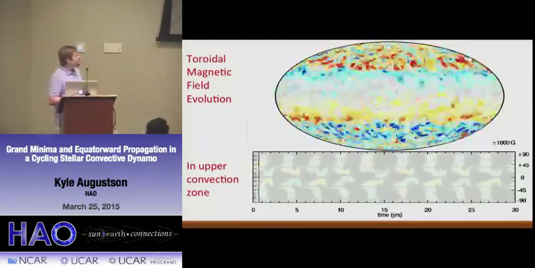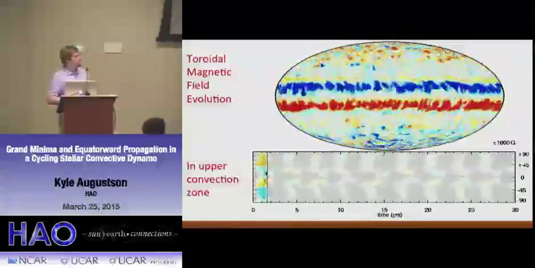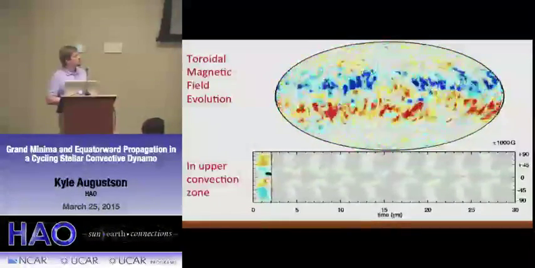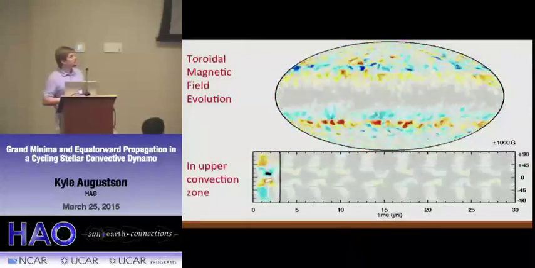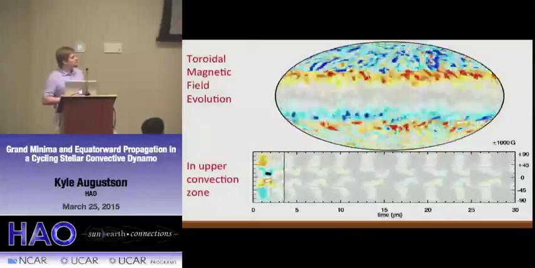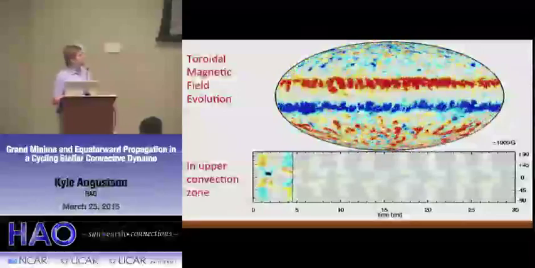All right, so what you're seeing here is the toroidal magnetic field. Field pointing against longitude is in blue, and prograde is in light tones. We're going to march through a couple of cycles so you can see what the average behavior is during these fairly regular cycles.